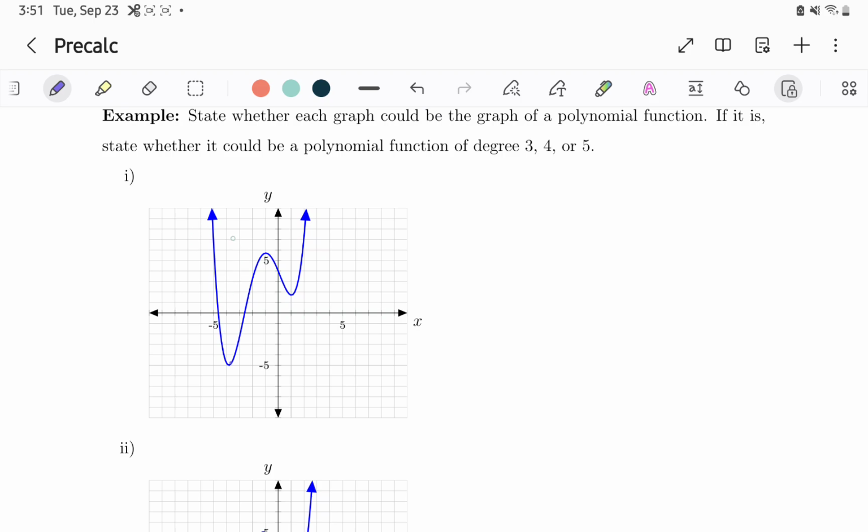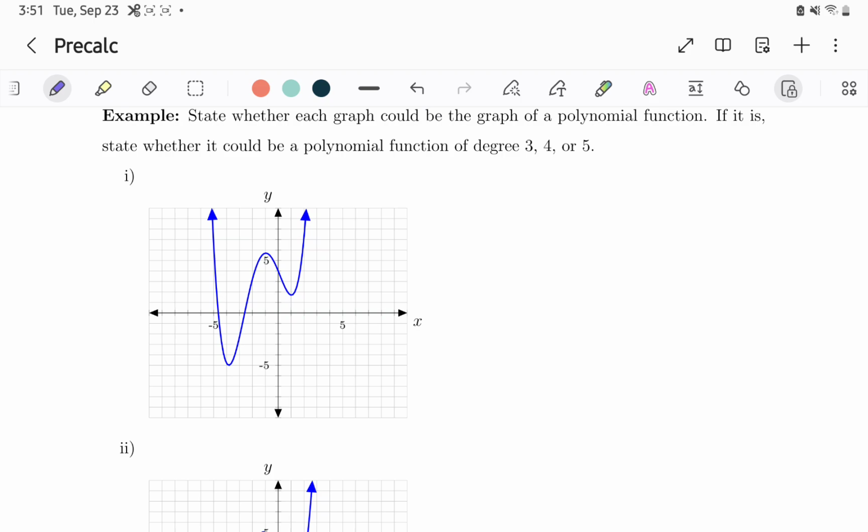So in our first example here, we have our graph in blue. And yes, it's going to be a polynomial function. So we have this nice continuous function here whose domain is going to be all real numbers. And it has a finite number of turning points. That's another thing we could check, because there are the trigonometric functions, which, if you squint the right way, can resemble a polynomial function.